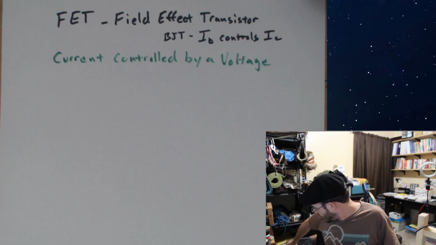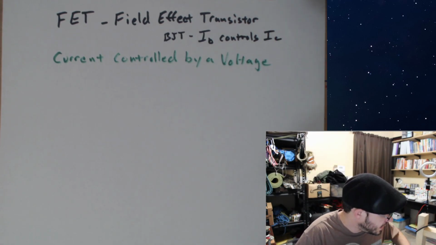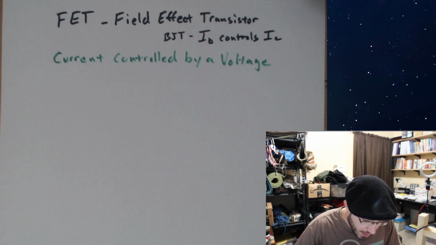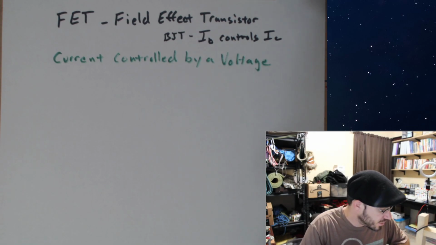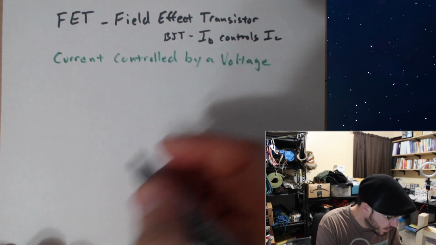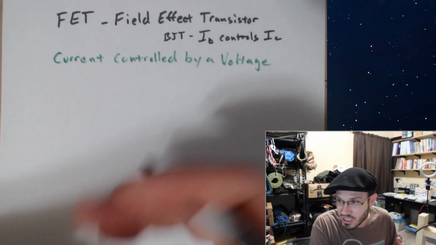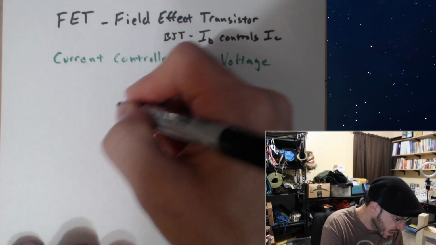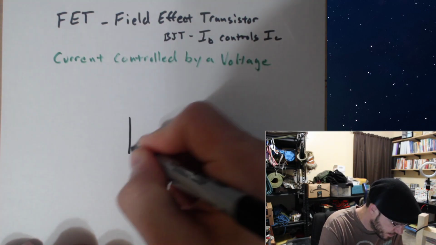Okay, so let's go ahead and draw up a very simple circuit with a FET. Now the symbol that we use for a generic field effect transistor looks like this.